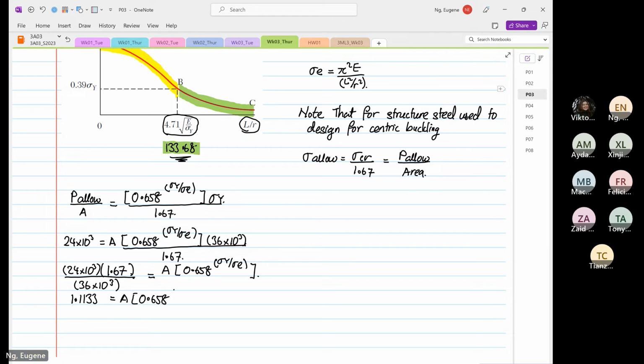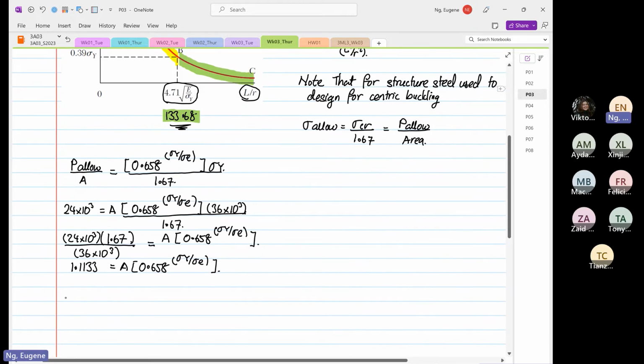0.658 to the power of stress U over stress E, and then we close bracket. Now we have to somehow separate the terms out, and we're going to apply natural log on both sides.